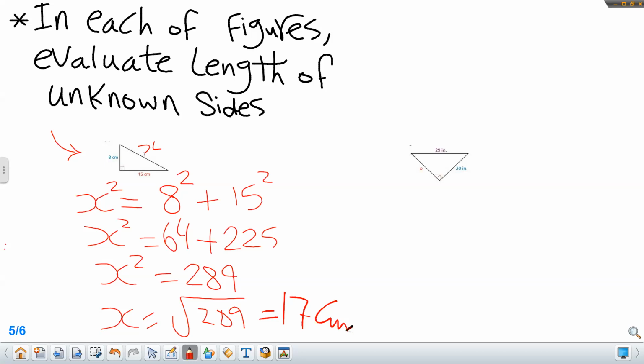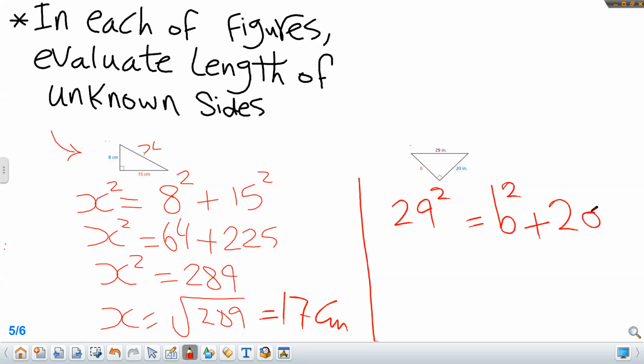First, you must write your relation of the Pythagorean theorem. The Pythagorean theorem says hypotenuse squared, 29², equals side 1 squared, b², plus side 2 squared, 20². Then you can evaluate each of them.